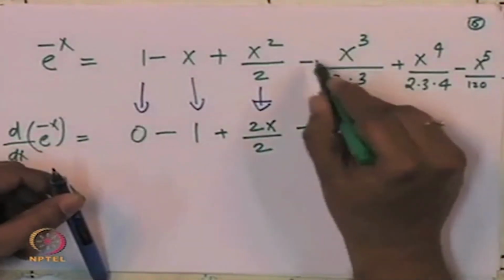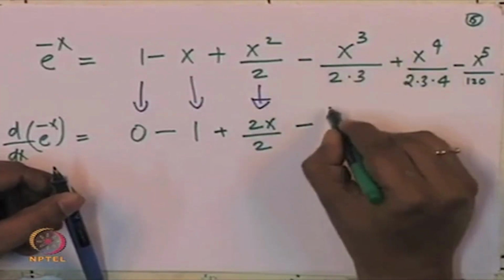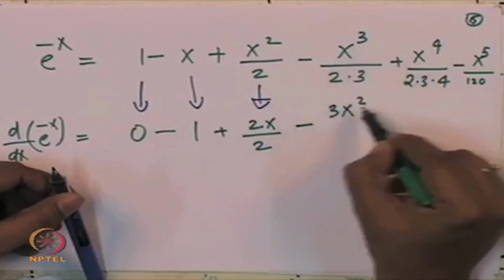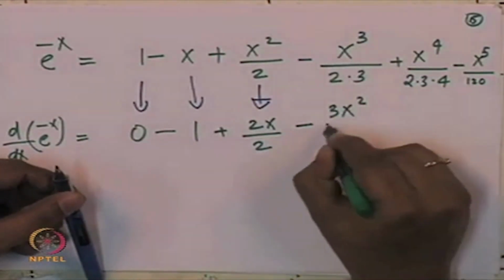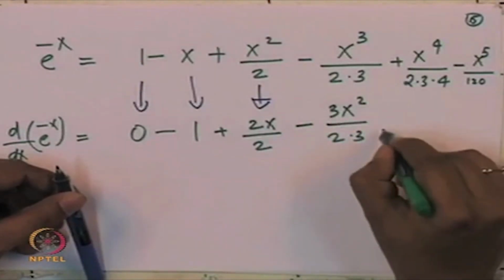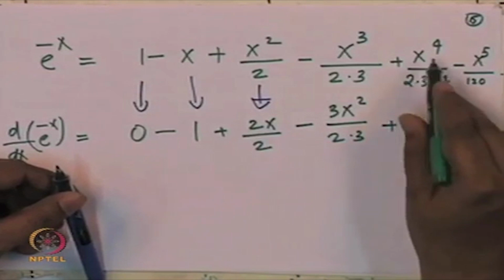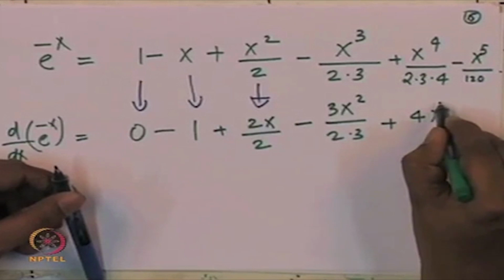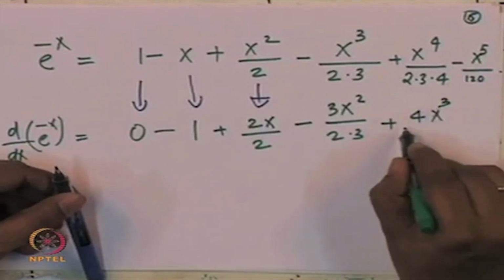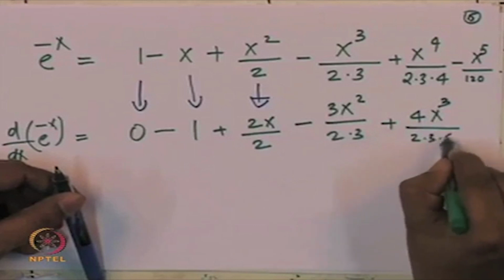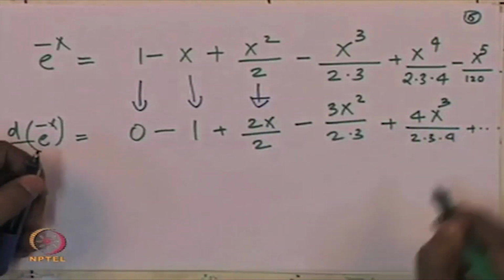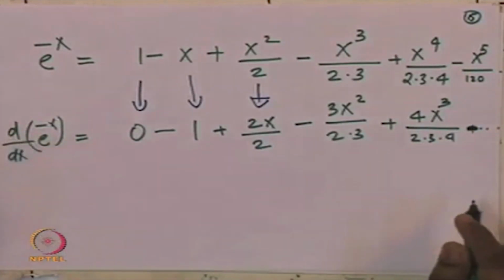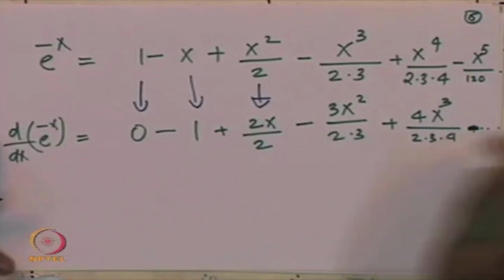For x cube, the minus sign repeats, and the derivative of x cube is 3x power 2, using n x power n minus 1 where n equals 3, divided by 2 into 3. Then plus the derivative of x power 4, which is 4 x power 4 minus 1, which is 3, divided by 2 into 3 into 4. Actually, the next term is minus. So the plus and minus will keep repeating and the terms will continue.